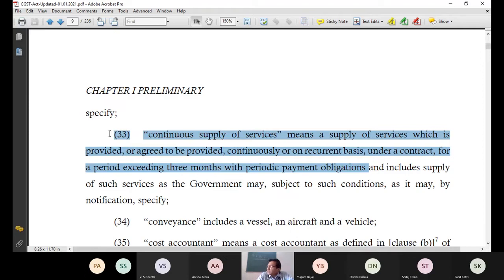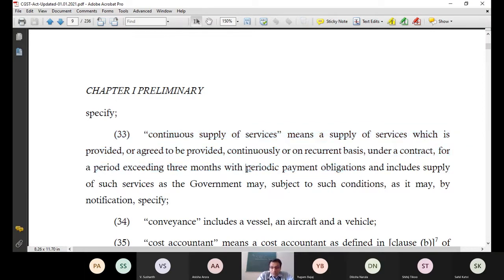But maybe in the contract it is agreed that every month you will pay 5 lakh rupees, that's it. This contract talks about regular payment obligations. Invoice may be one, doesn't matter. There is no need to issue the invoice periodically. But payment of amount is received periodically, this is sure.